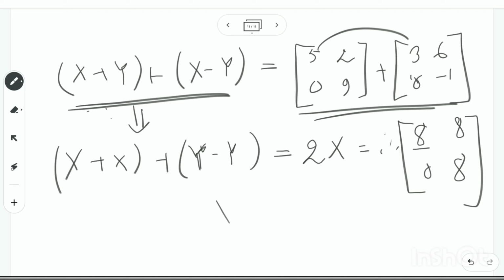So 2x equals 8, 8, 0, 8, and we can easily say that x equals 4, 4, 0, 4. So we have found the x matrix.